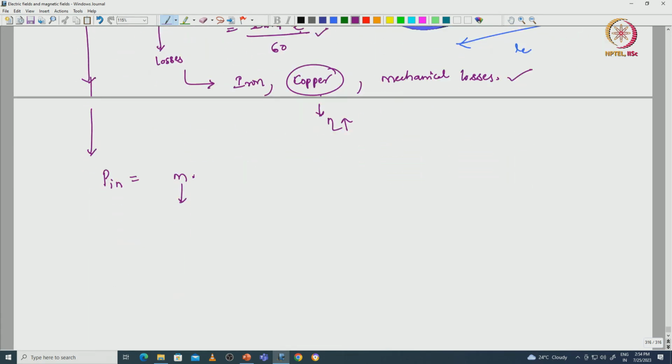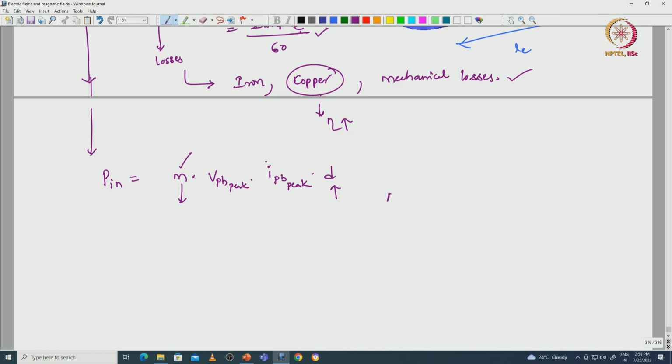M into V phase peak value, then I phase peak value into duty cycle. This duty cycle represents the duration of the current pulse or excitation pulse with respect to the windings.